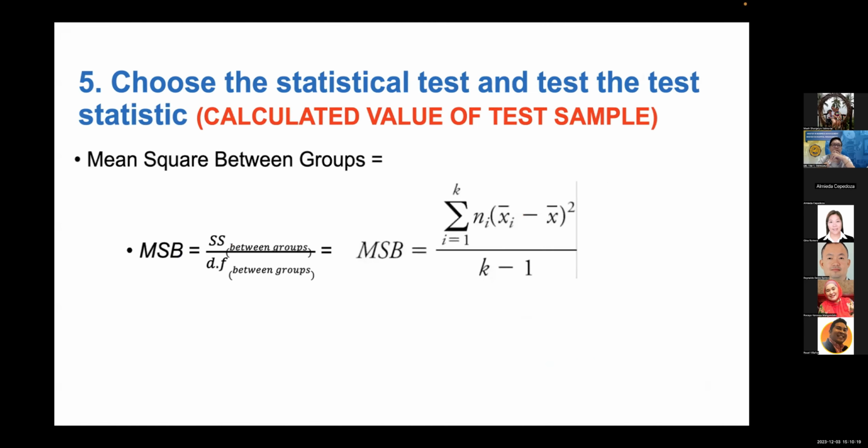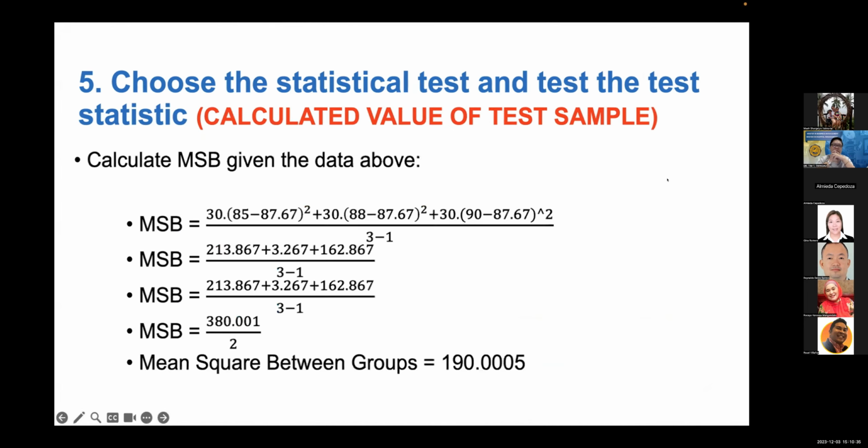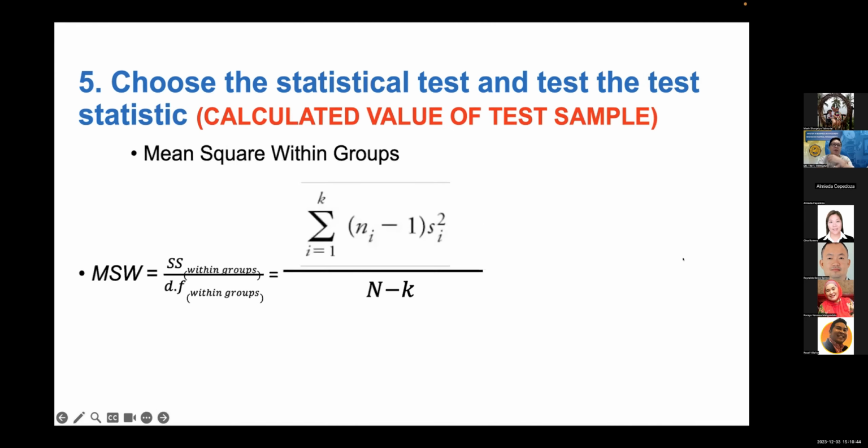To be very specific, to get the mean square between groups, we need the sum of squares between groups and the degrees of freedom between groups using this formula. Substituting the values and computing it, we get a value of 190.005. Next, we need to get the MSW.